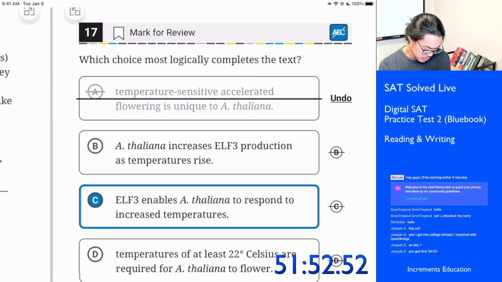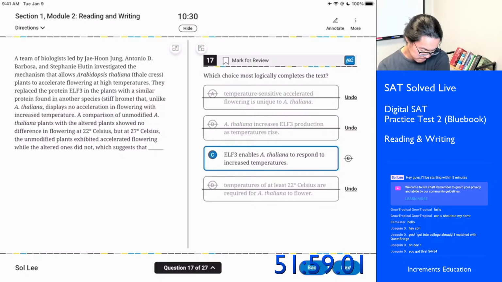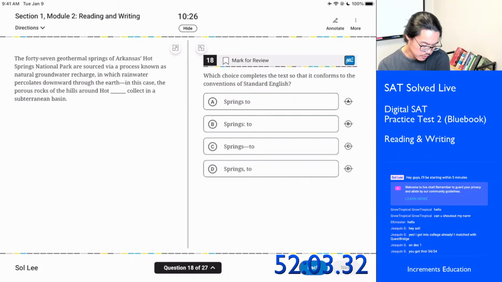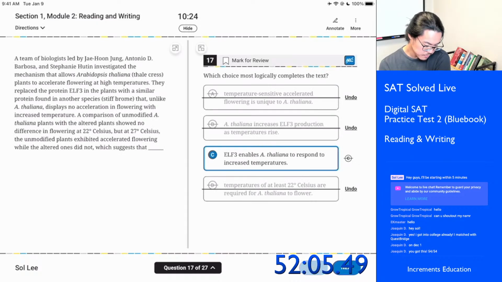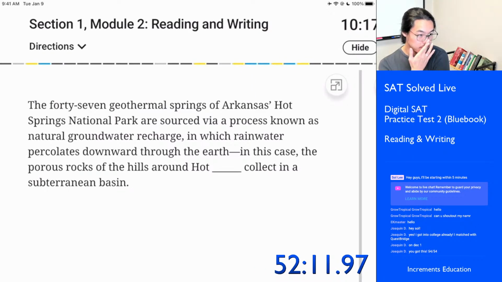Not ELF3 production. No. Okay, by flowering. Okay. Whew. Yeah, because the alteration is by removing it.